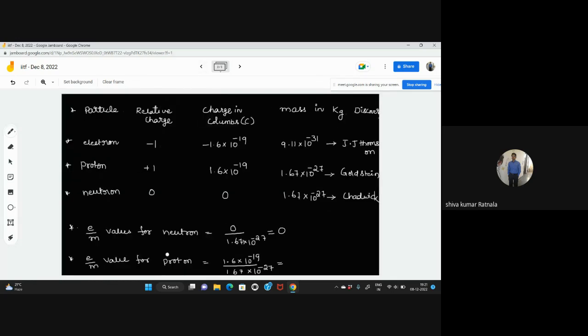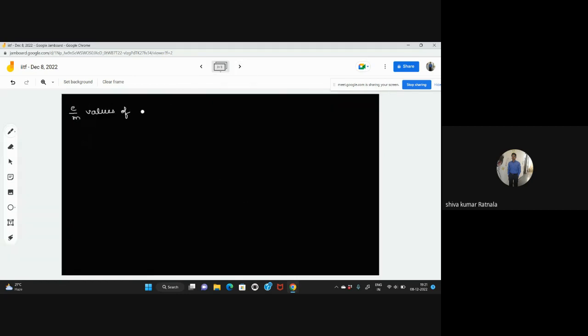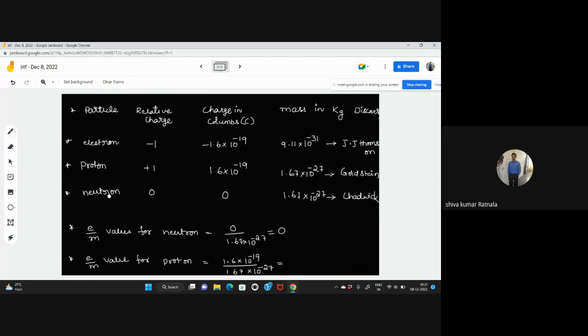Next one, e by m value of electron. Charge of electron is 1.6 into 10 to the power of -19 coulombs, by mass of the electron, 9.11 into 10 to the power of -31 kg.